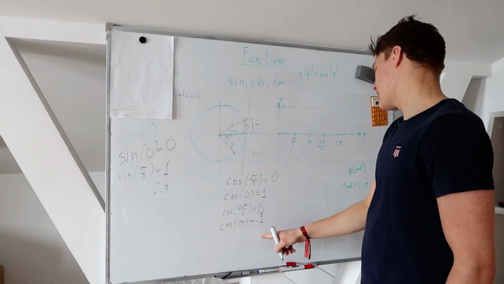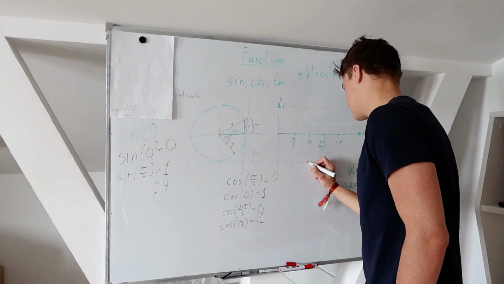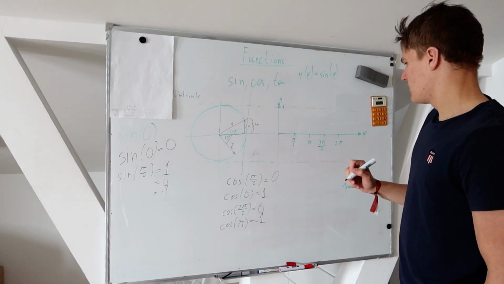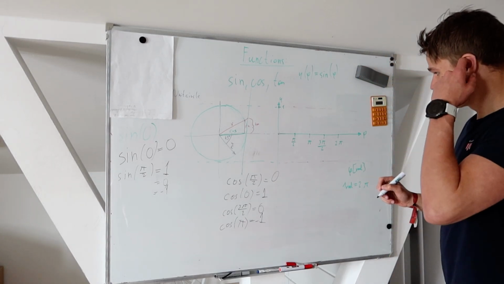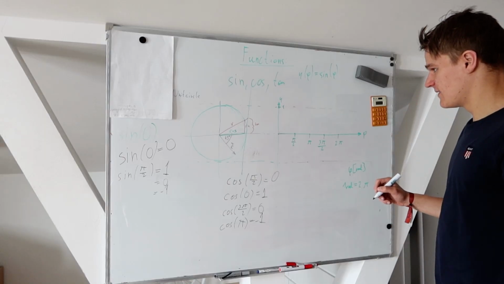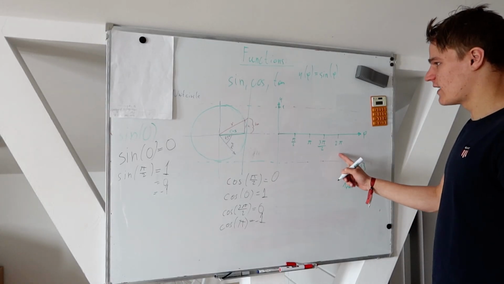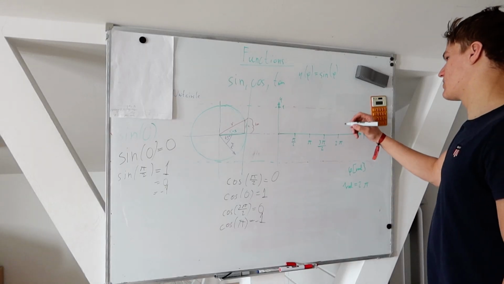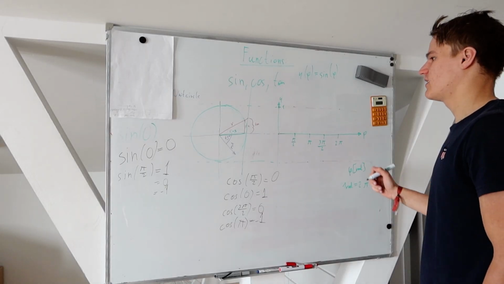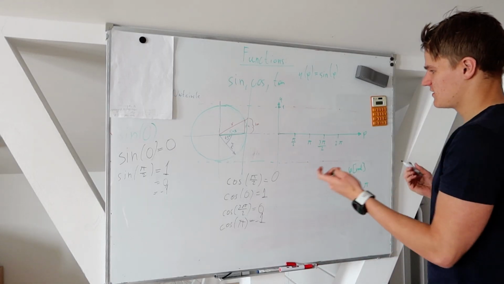And cosine of pi is -1. Alright, well. And we have to return, let's do this slowly. So we know that the value of 2 pi has to be the same as the value of 0, right? So we have to end up here again. 0, 2 pi, same thing. Good.